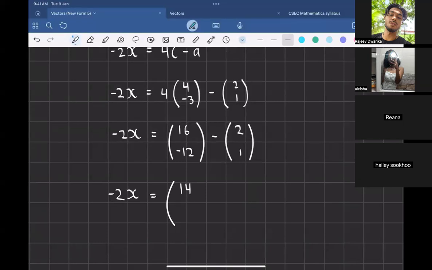Minus 12 minus 1. Minus 13. Right? Now, guys, I'm not going to do this. It's correct, but it's not really standard. You don't see anybody doing that.